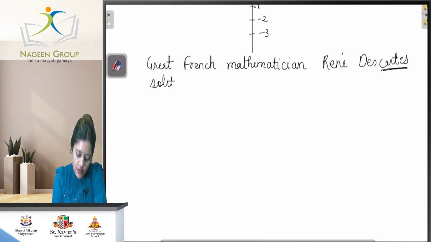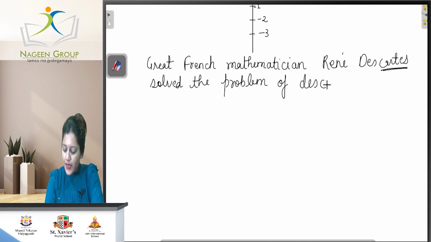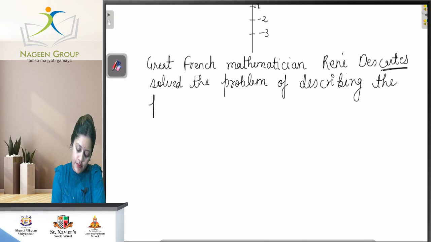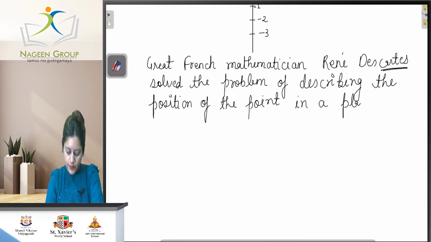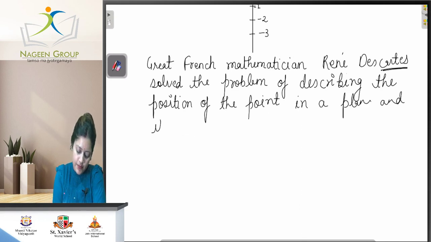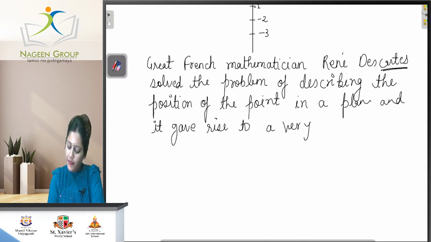He solved the problem of describing the position of a point in a plane, and it gave rise to a very important branch of mathematics.